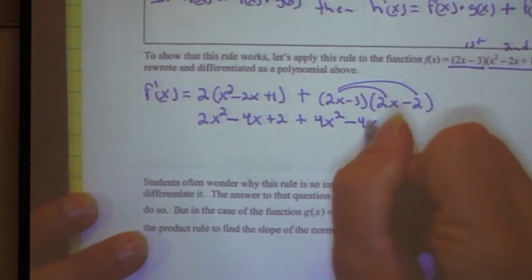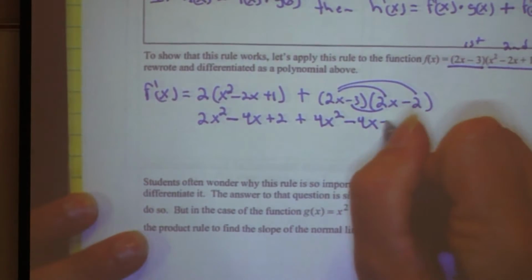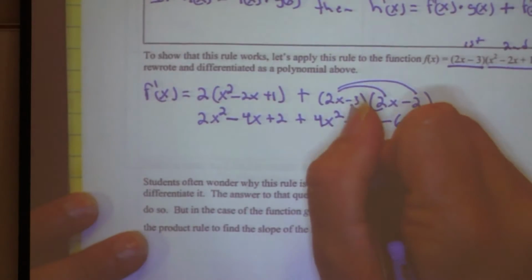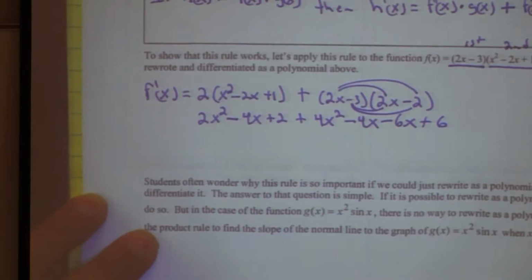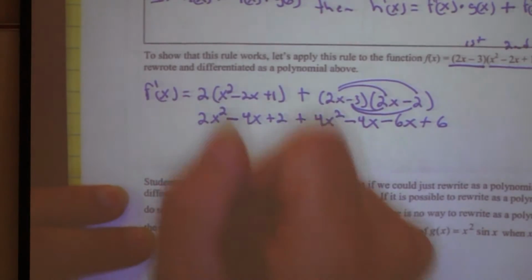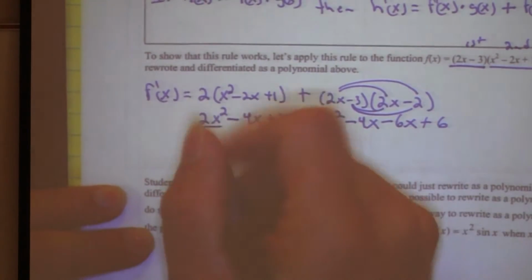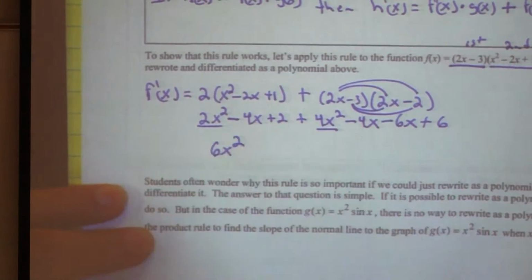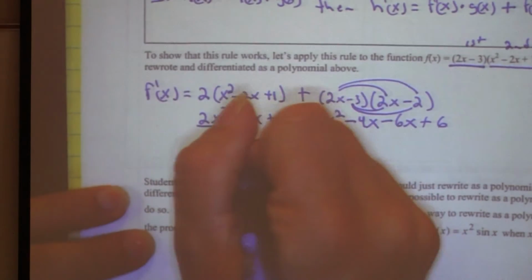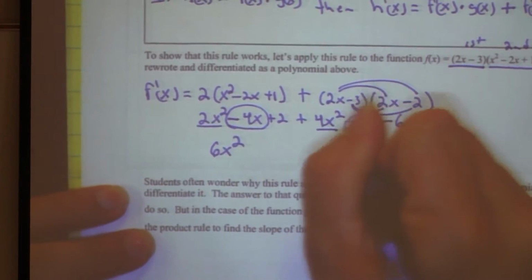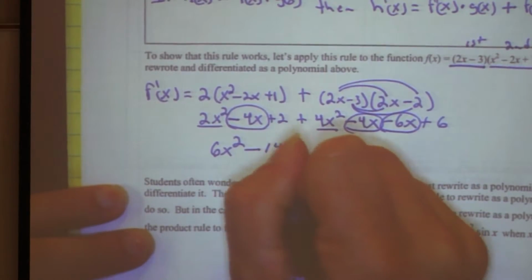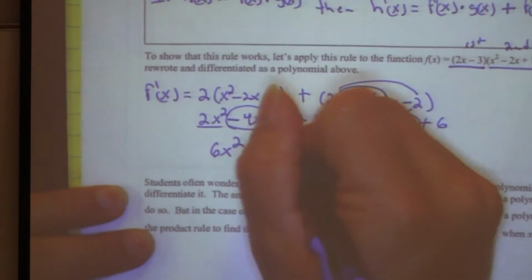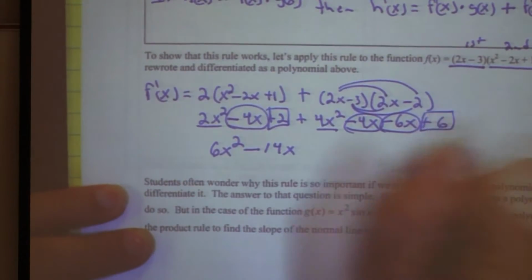Minus 4x minus 6x plus 6. Are there any like terms? The 4 and the 2, that gives me what? 6x squared. The minus 4x, the minus 4x, and the minus 6x. Minus 14x. The 2 and the 6.